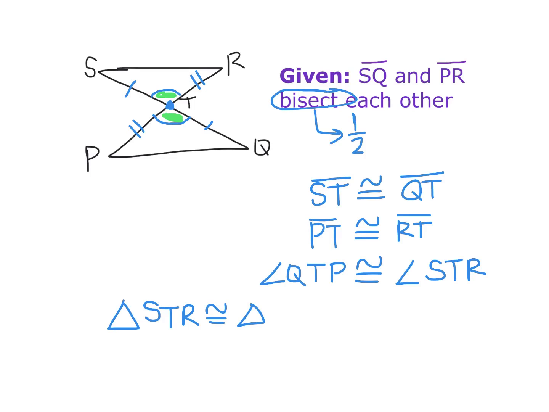So for example, STR is passing over the side with the 1 tick mark, going over to the angle. So then I know that I would have to match it up with QTP. So STR matches with QTP.